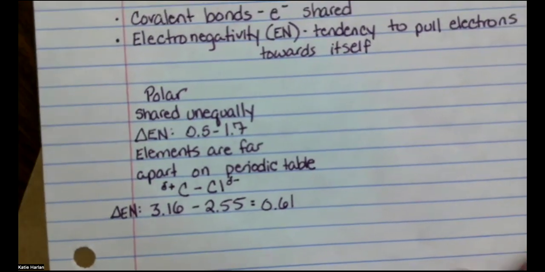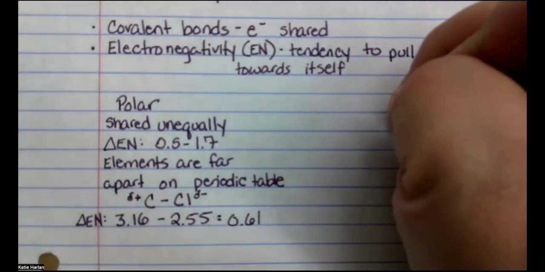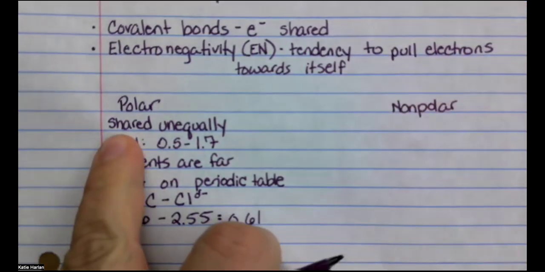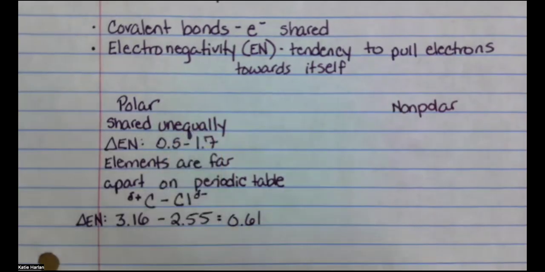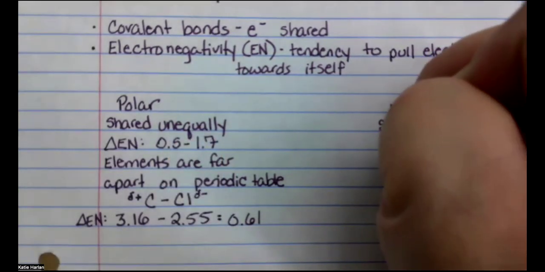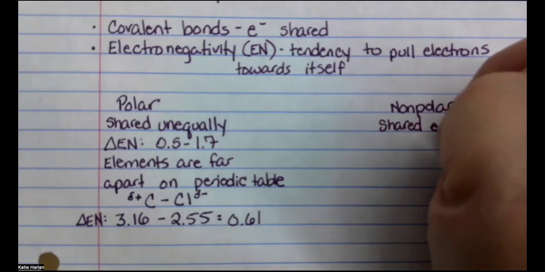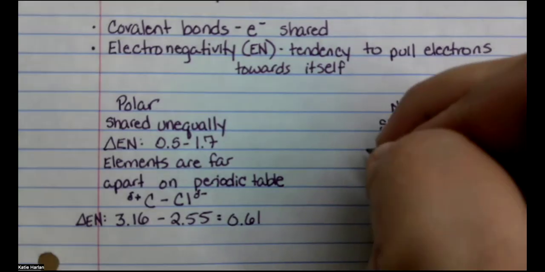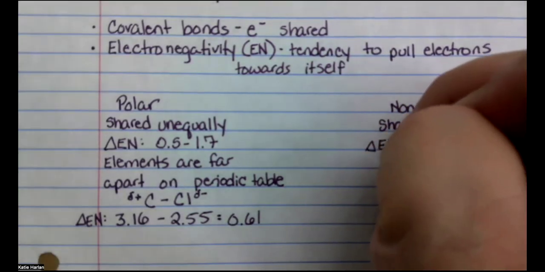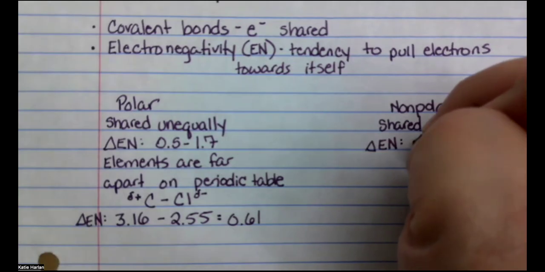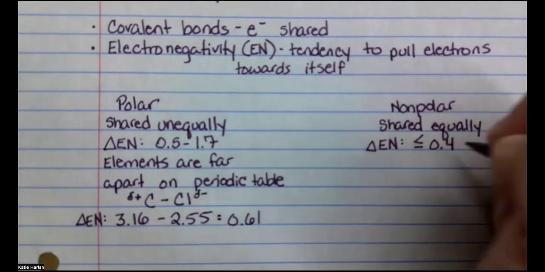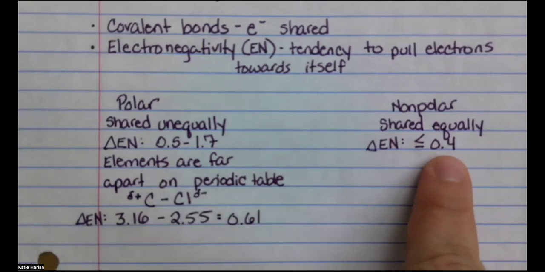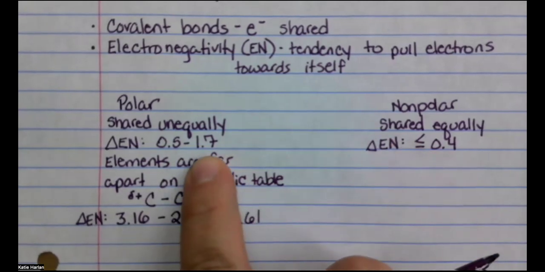So now let's look at nonpolar, which is exactly the opposite of polar. So whereas in polar, those electrons are being shared unequally, in nonpolar, they are being shared equally. For nonpolar, the difference in electronegativity is usually going to be less than or equal to 0.4. Another thing to note is that right now our range covers from 0 to 1.7.